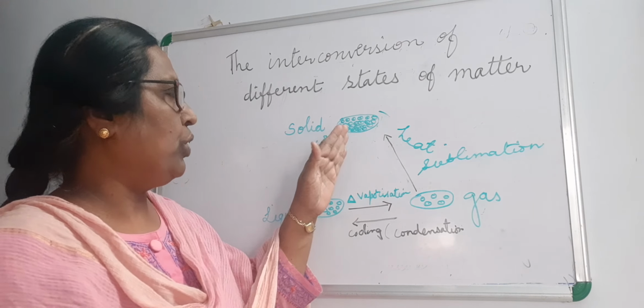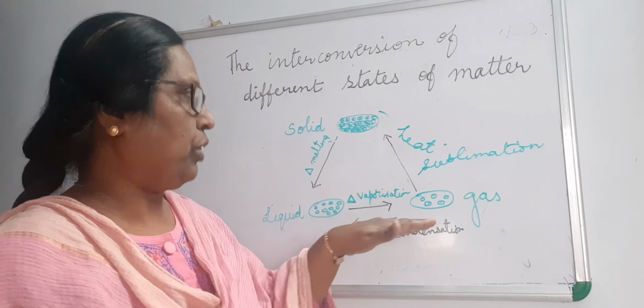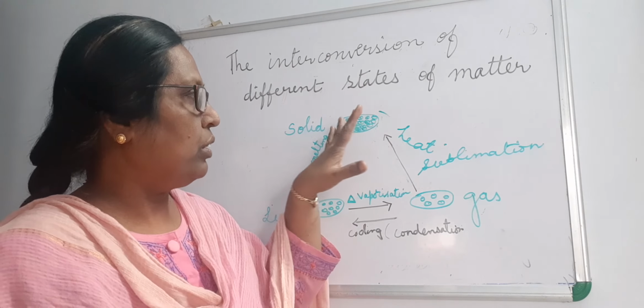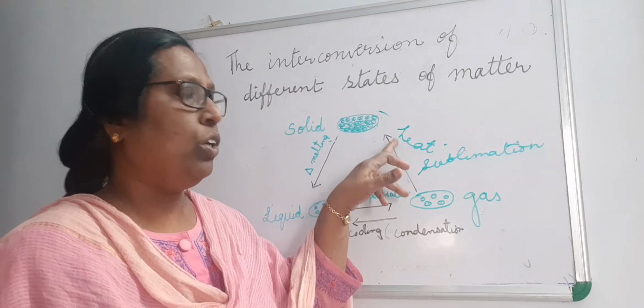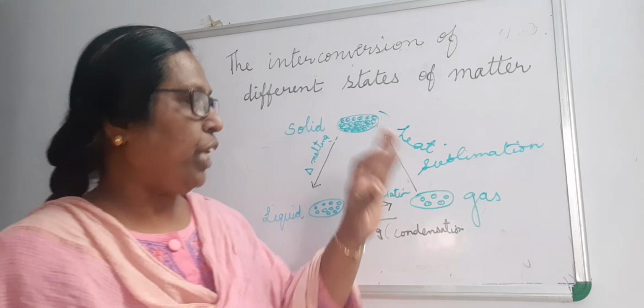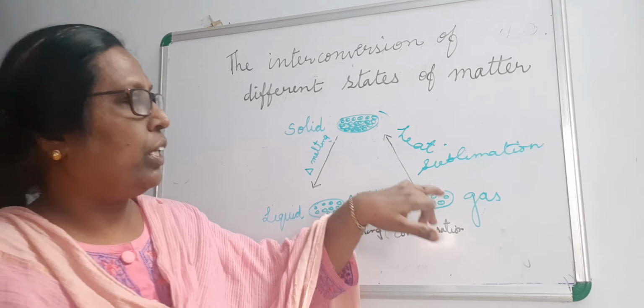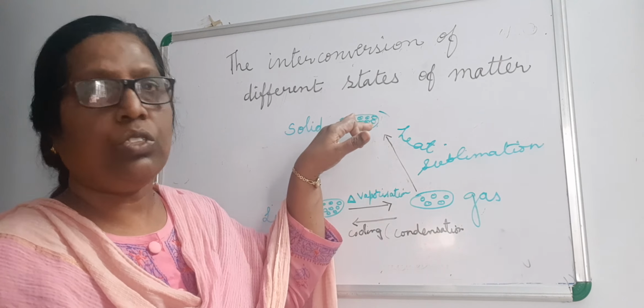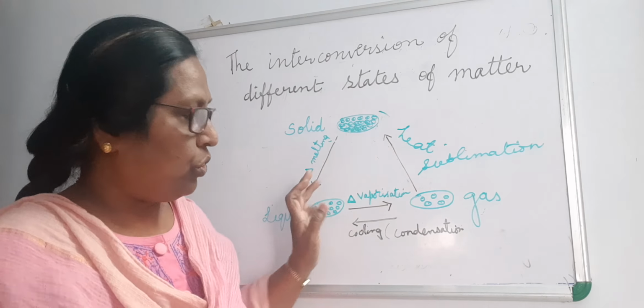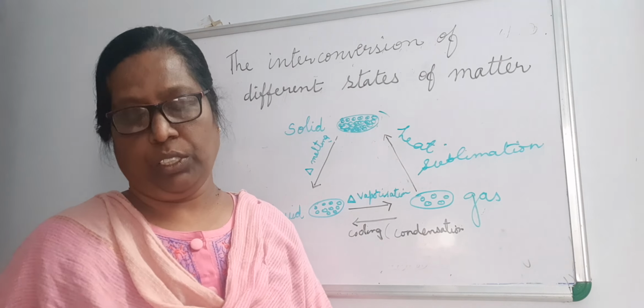Without changing into liquid, when a solid is heated, it directly changes to gas. This is called sublimation. In the same manner, when a gas is cooled and directly changes into solid without changing into liquid, it is also called sublimation.